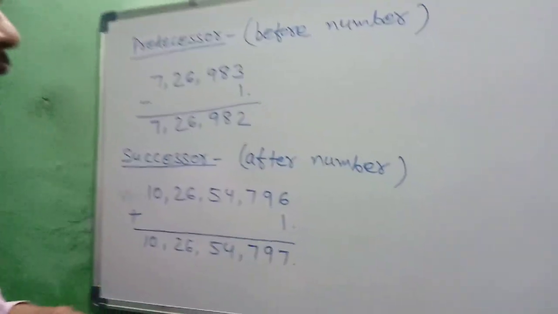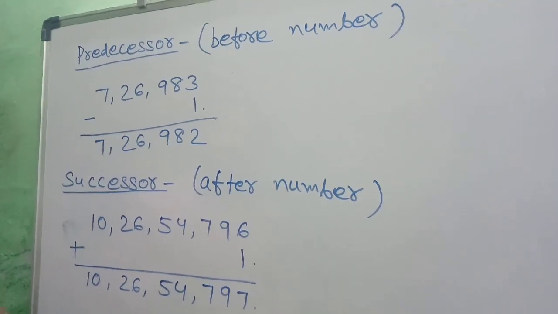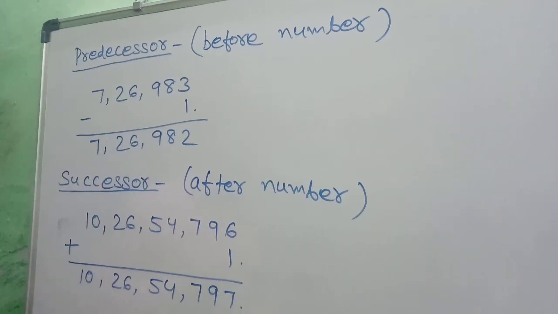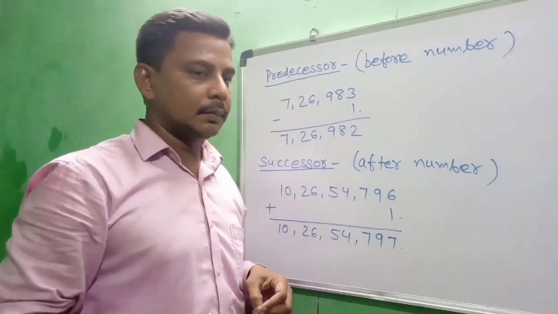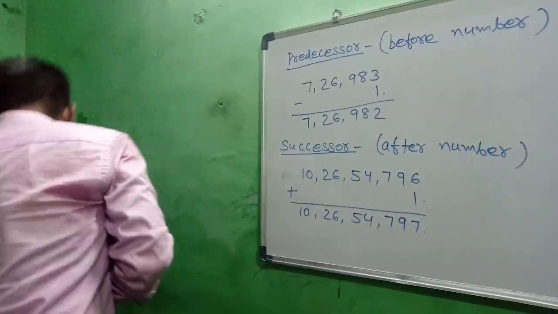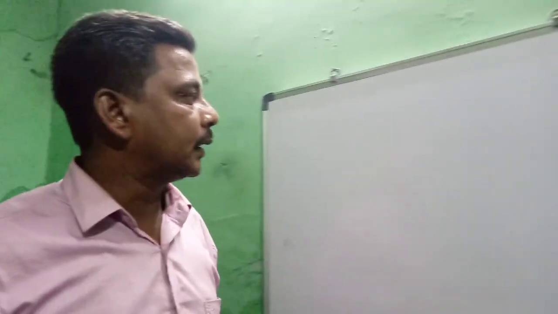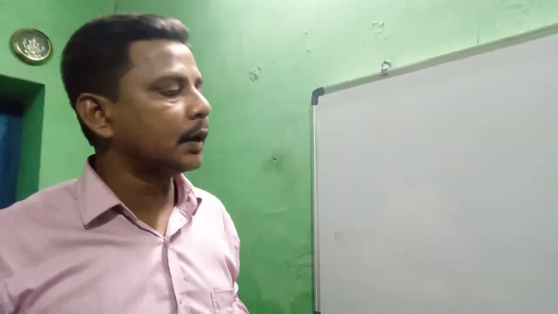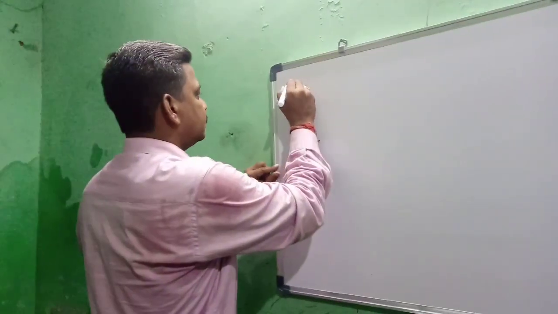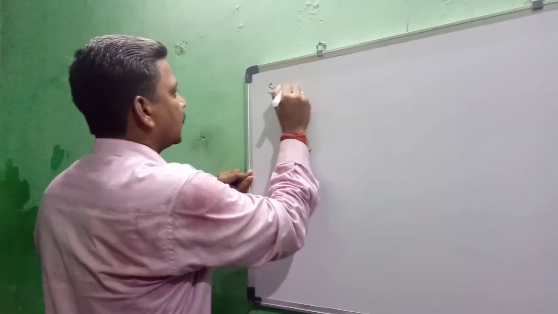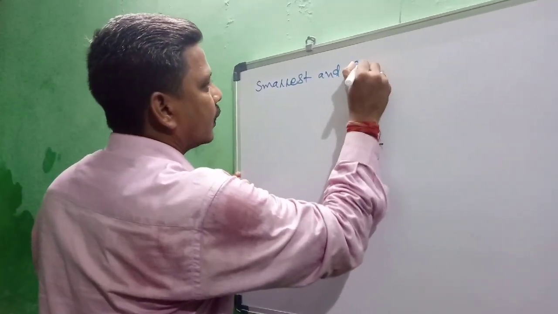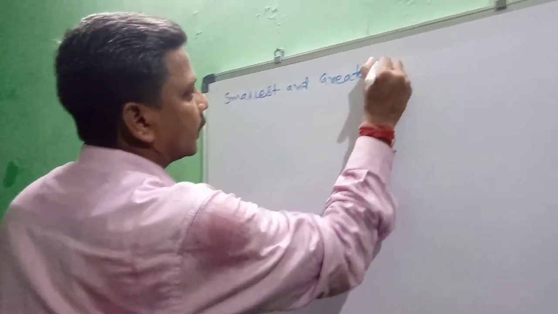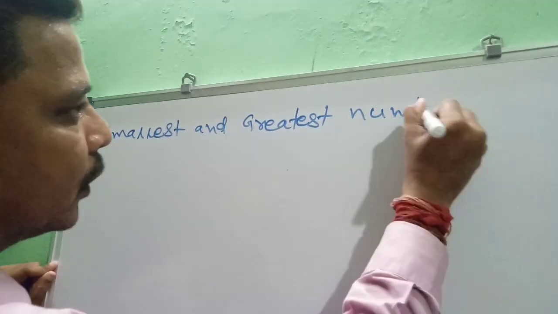Then we will know how to form the greatest and smallest number by using different digits. Now we will discuss how to form the greatest and the smallest number by using different digits. Write the heading first, smallest and greatest number.